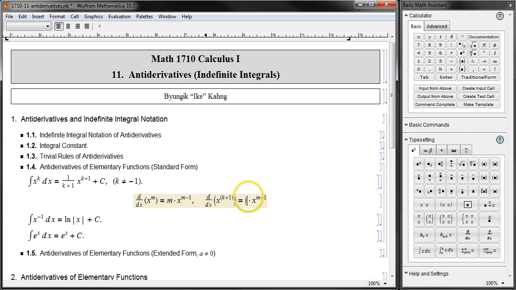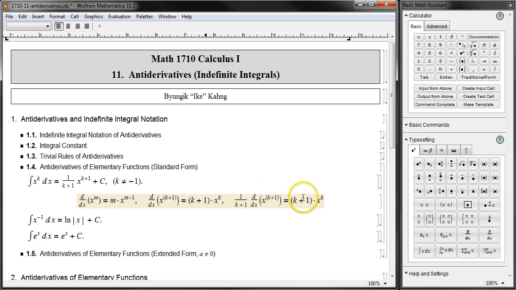So multiply by k plus 1 and subtracting 1 from the power, we get just k power, right? And then we just divide k plus 1 from both sides. This is what we get. 1 over k plus 1 is equal to that. And that's precisely what we are looking for.